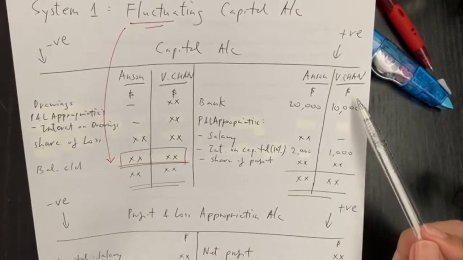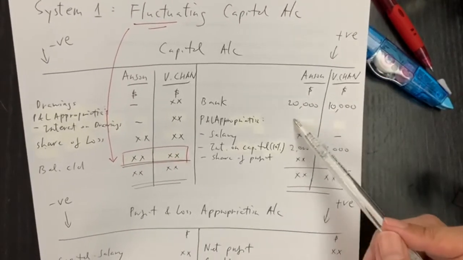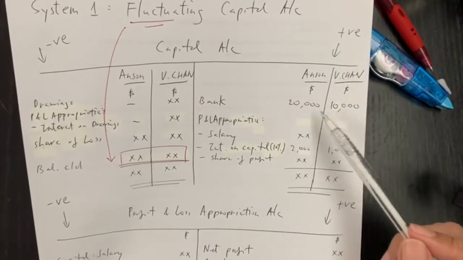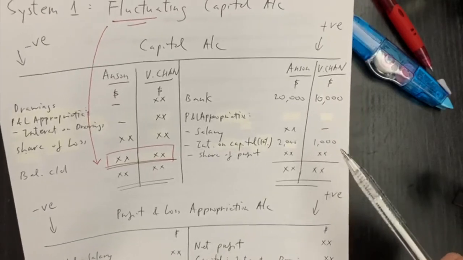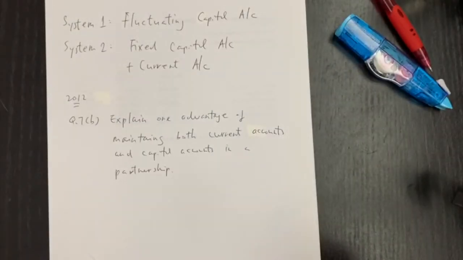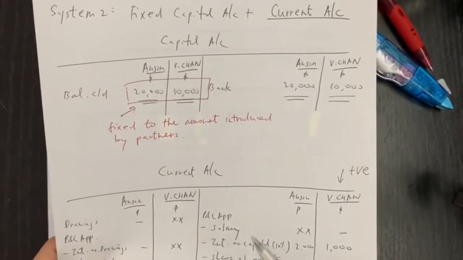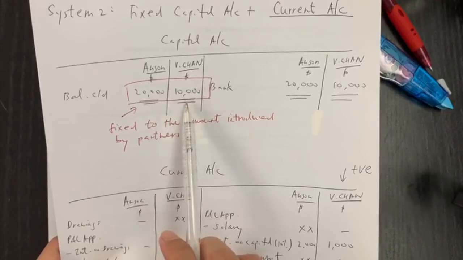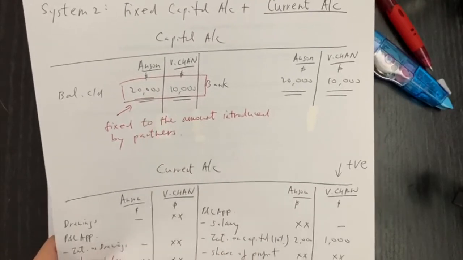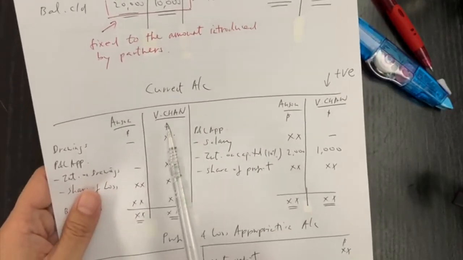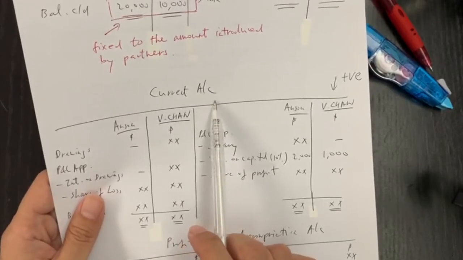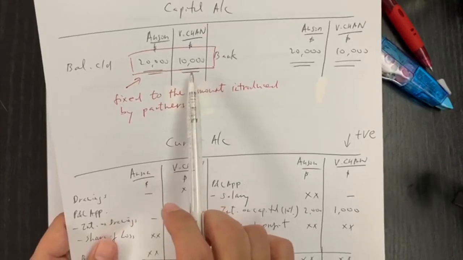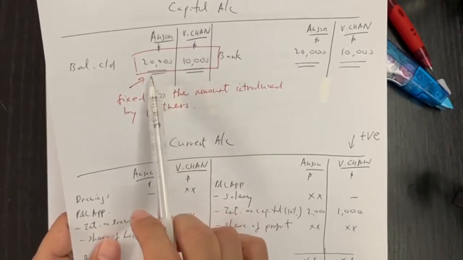So it is very important to have an indicator that does not allow partners to draw more than the money introduced. Therefore, we have system 2. In system 2, this is the closing balance, so we can always know how much was introduced by all partners, because all transactions are entered into the current accounts, so as not to allow partners to draw more than 10,000 for me, or more than 20,000 for Anson.